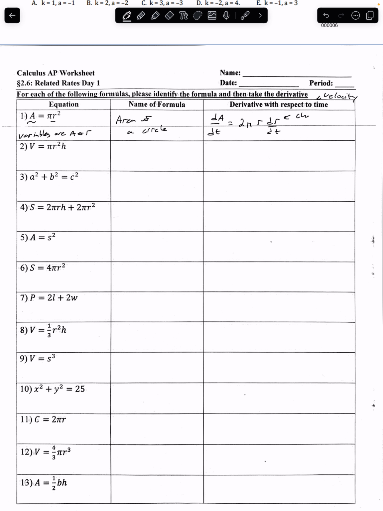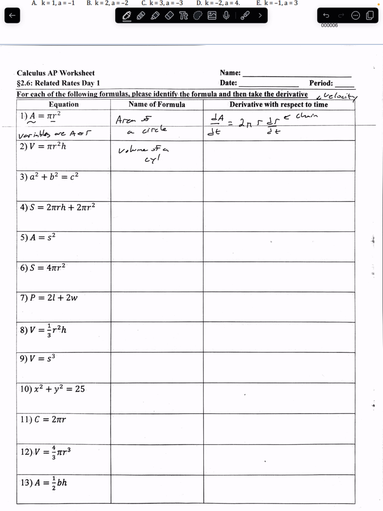That dr dt, that's my chain rule. And what this formula tells me is the rate of change of area. So now I can find out, hey, how fast is the area of my circle growing? And we can do this for all sorts of them. We have to be careful here. So here we have, for question 2, the volume of a cylinder.